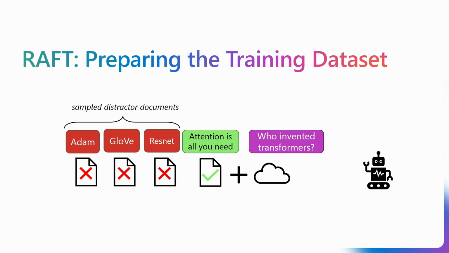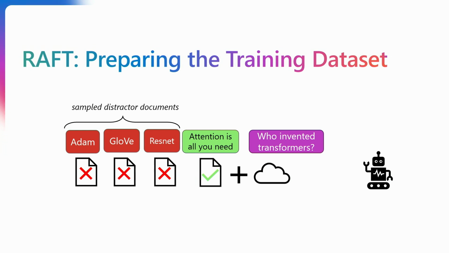But at train time, I'm also going to introduce distracted documents. So maybe 3 different papers on ResNet, a popular machine learning model, and say Adam optimization technique, and GLOW as well. So when I introduce these distracted documents at train time, I'm training the LLM to discard distracted documents and pick the right documents, right?